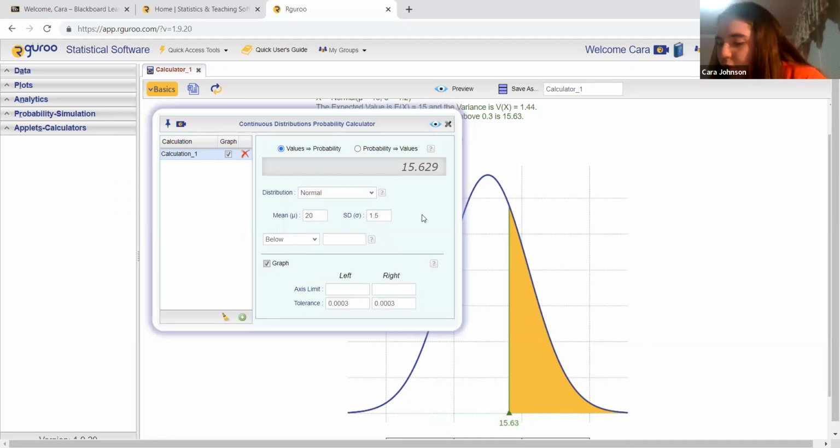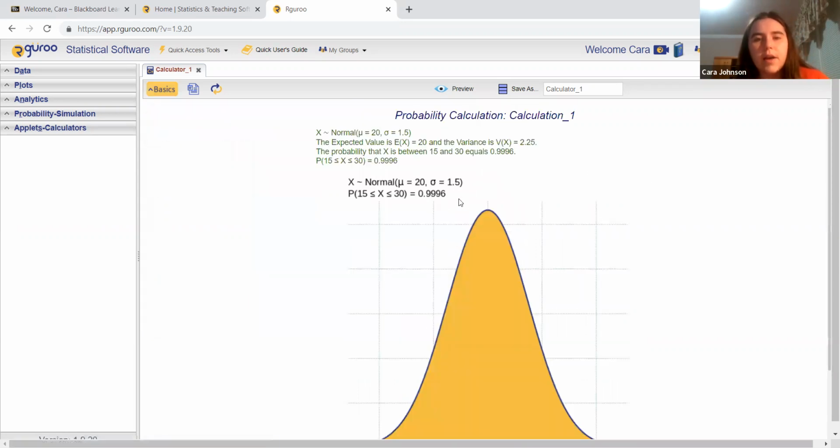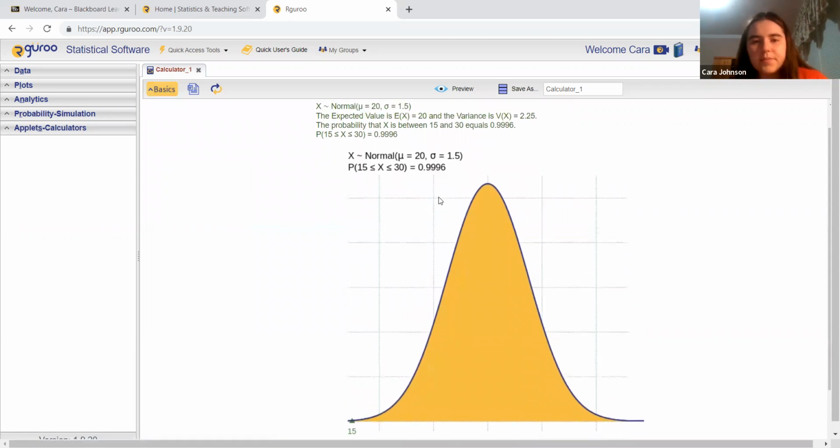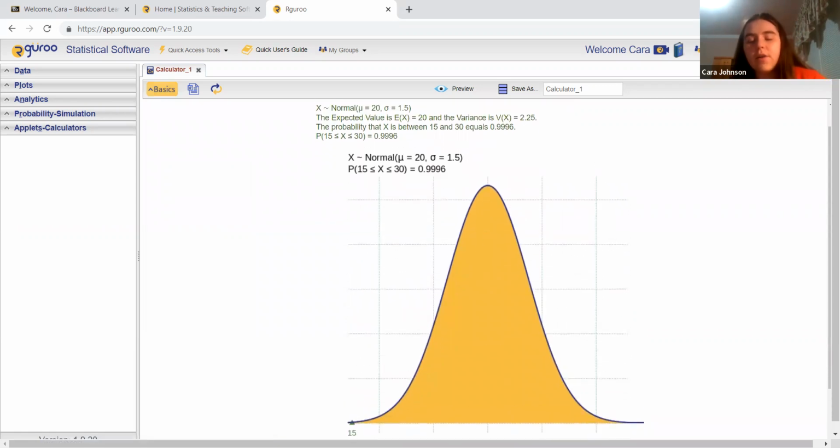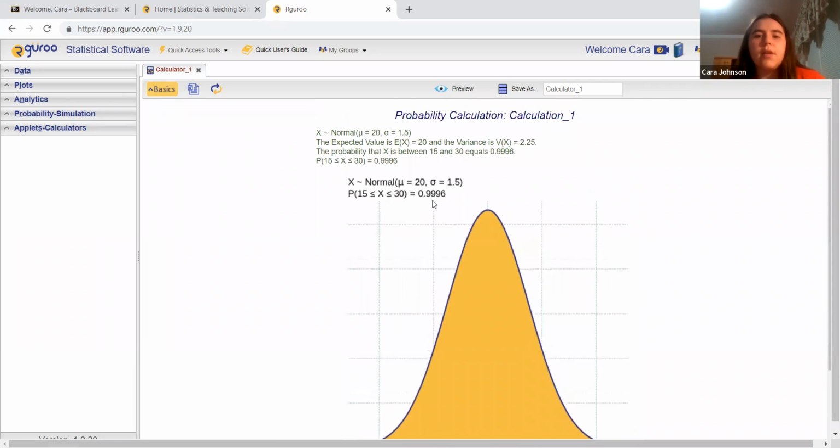Find the proportion of products manufactured between 15 and 30 minutes. So between 15 and 30, hit the eyeball. There we go, there's our probability. We can see it's almost the entire distribution here. That's why our probability is so close to 1.